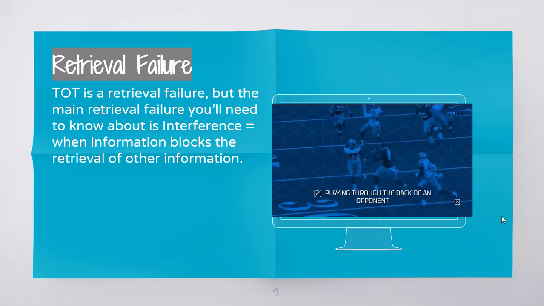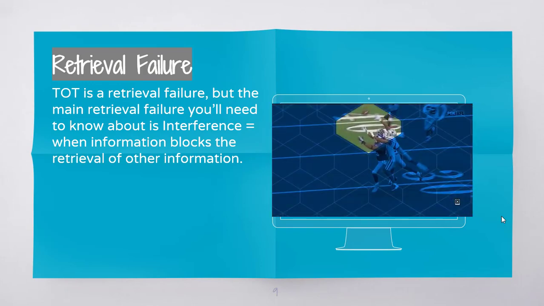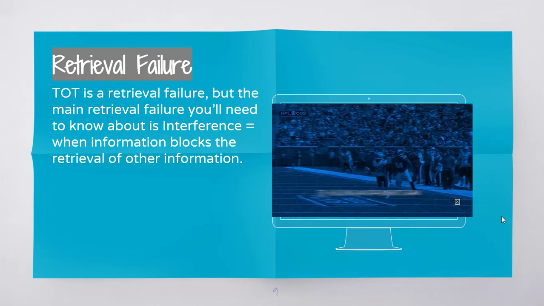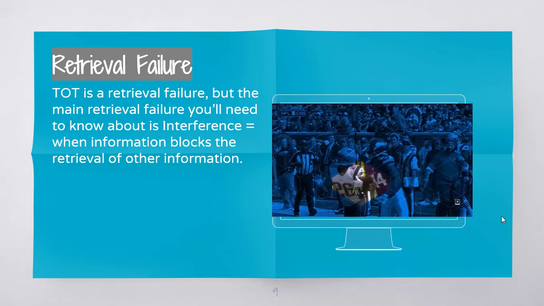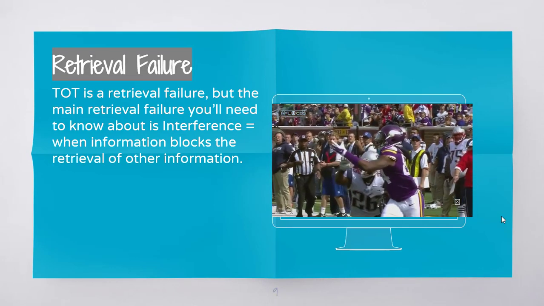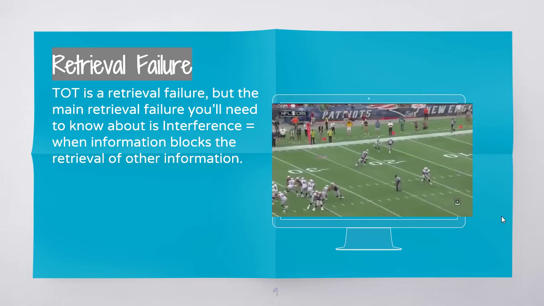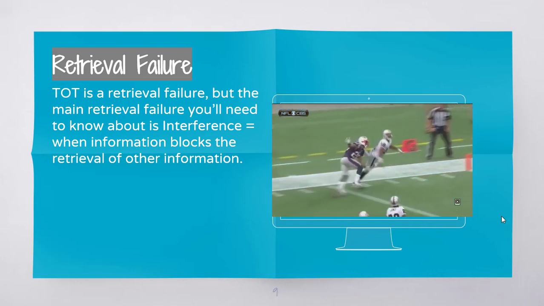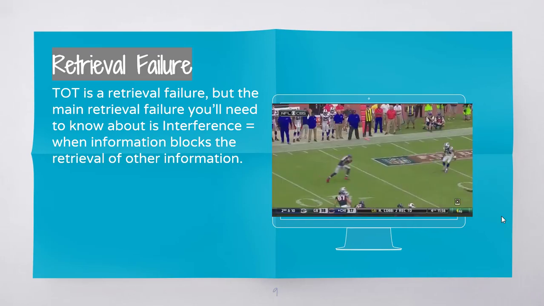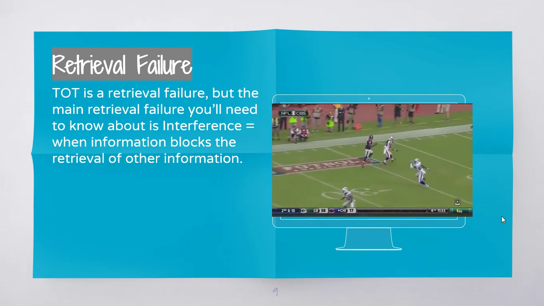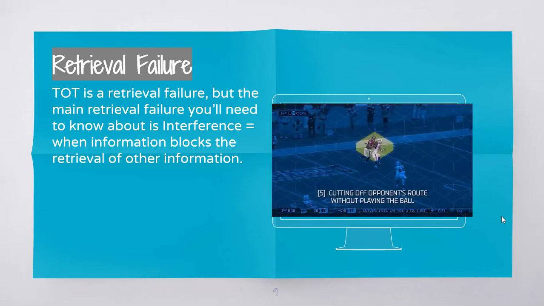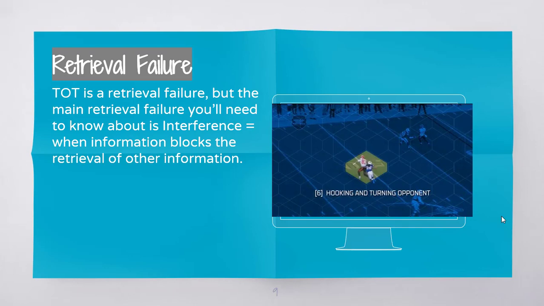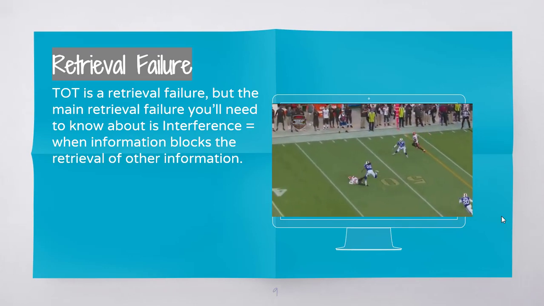Playing through the back of an opponent in an attempt to make a play on the ball. Grabbing an opponent's arm in a way that restricts his opportunity to catch a pass. Extending an arm across the body of an opponent, restricting his ability to catch the pass. This is commonly referred to as an arm bar. Cutting off the path of an opponent by making contact with him without playing the ball. And hooking and turning an opponent in an attempt to get to the football before it arrives.